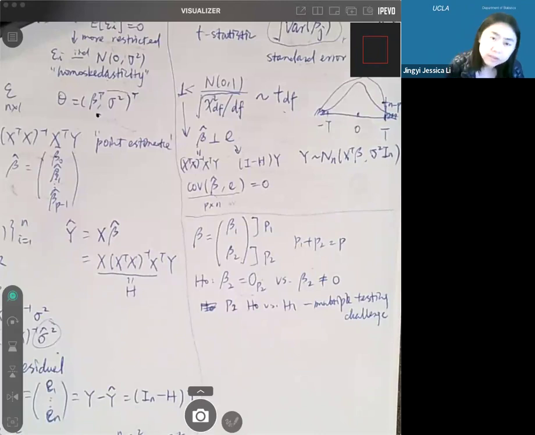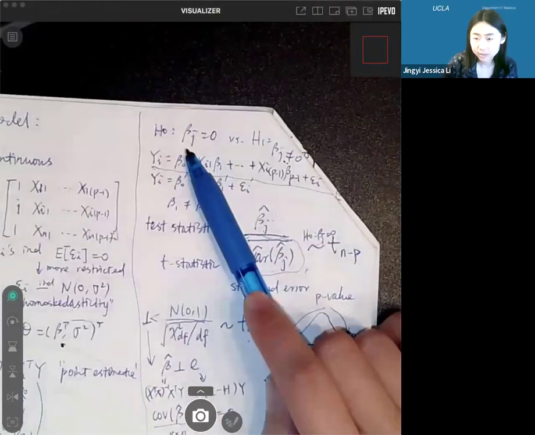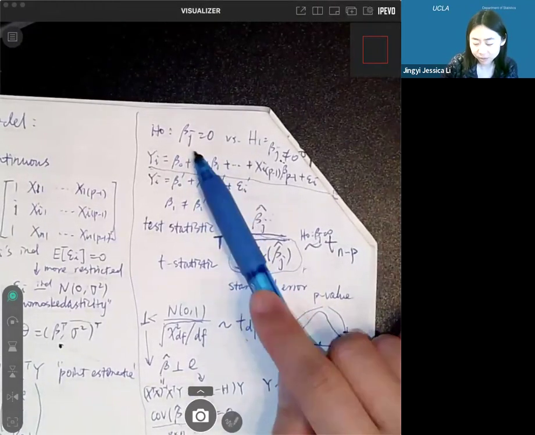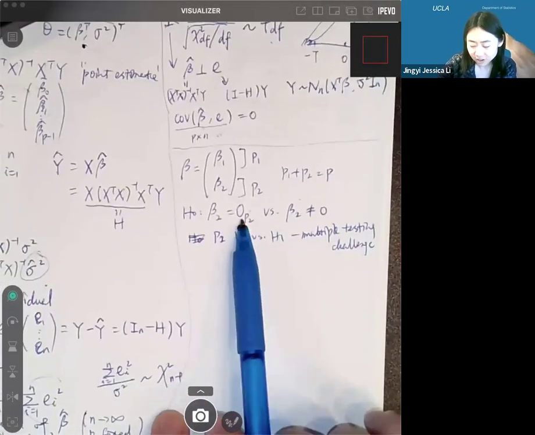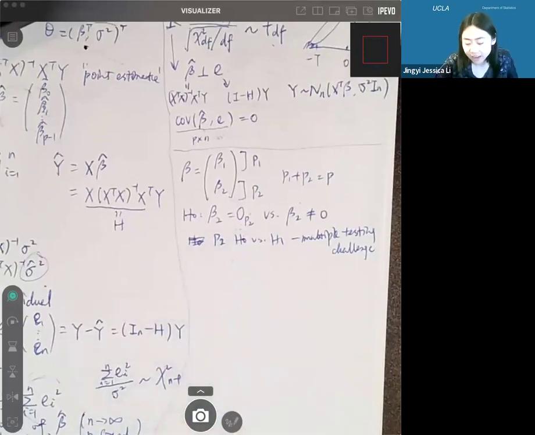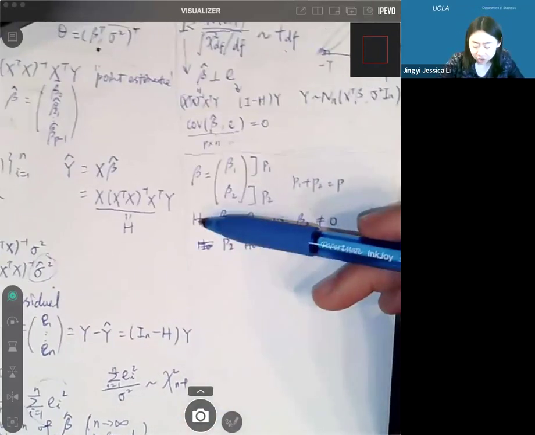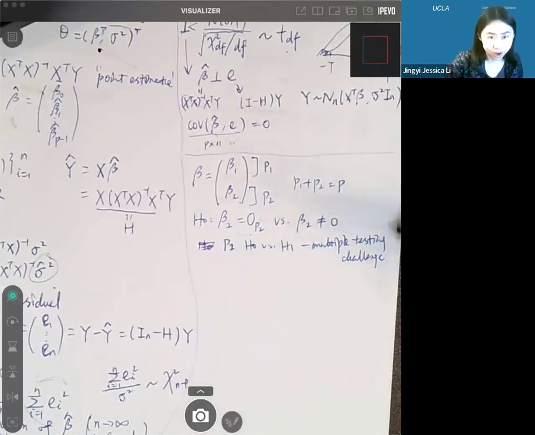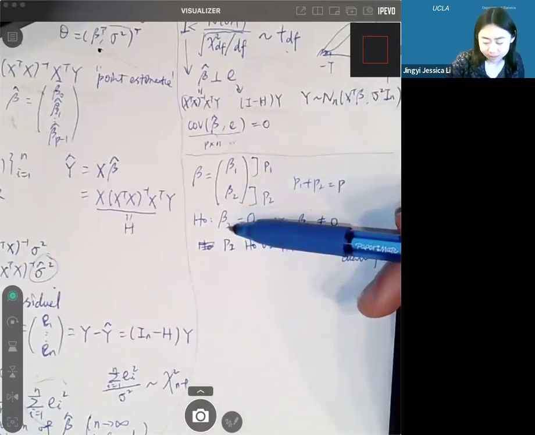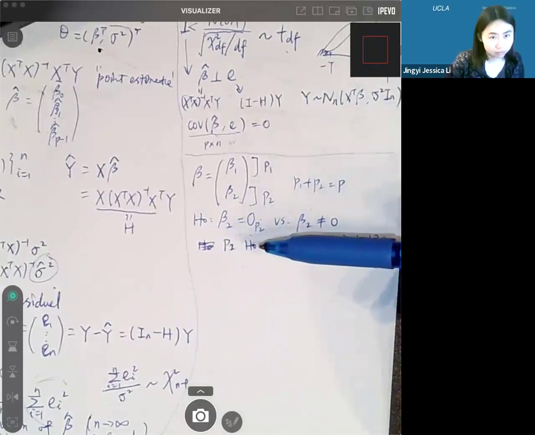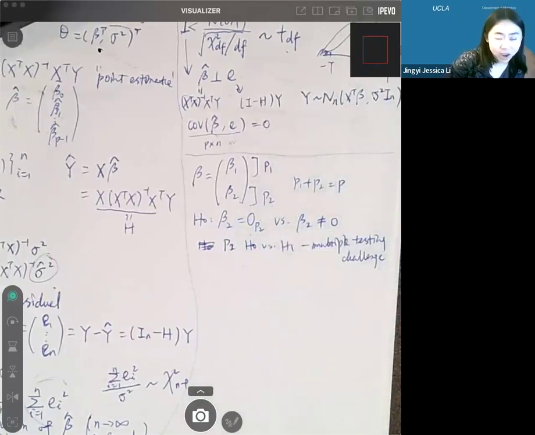But in practice, which is kind of counterintuitive for statisticians, practitioners may prefer to test one element at a time. They will probably think the results are easier to interpret than a joint test, because whenever I reject this null, I still don't know which elements of beta 2 are non-zero. I still don't know the reasons why I reject this null.